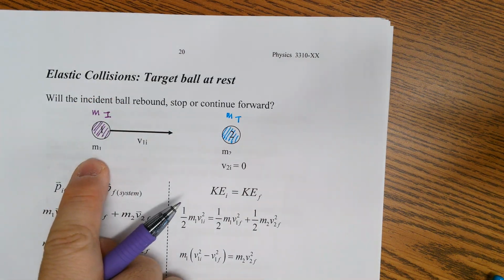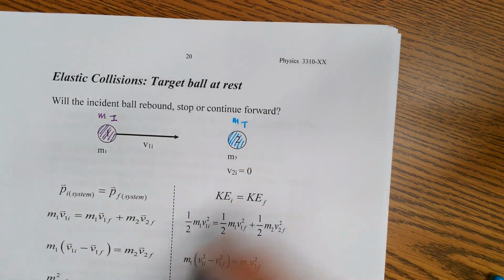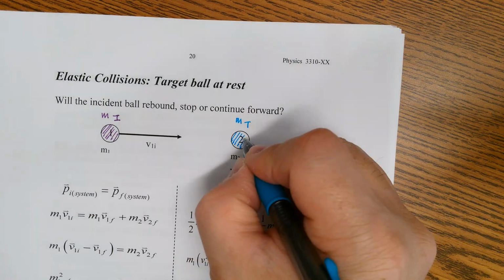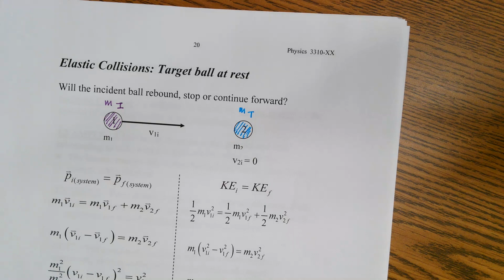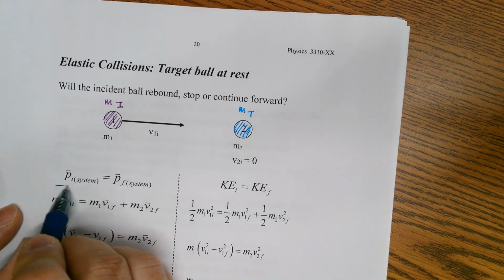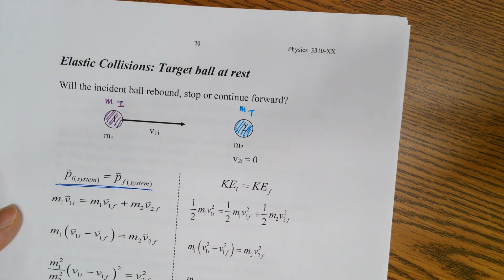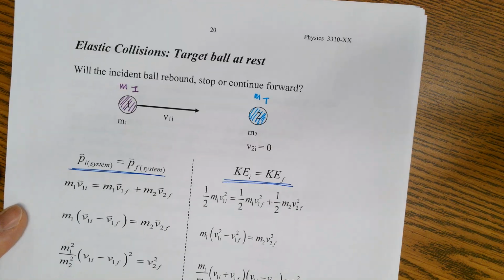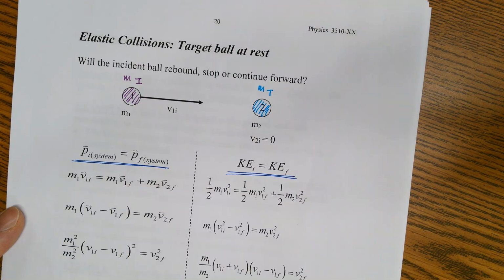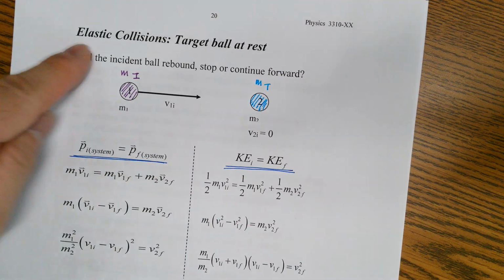So mass 1, mass 2, or mass incident, mass target, just to make it more distinguishable. I made them different colors. If it is an elastic collision, two conditions must hold. One is that the total momentum initial must equal the total momentum final, and the total kinetic energy initial must equal the total kinetic energy final. So these two must hold true if it's an elastic collision.